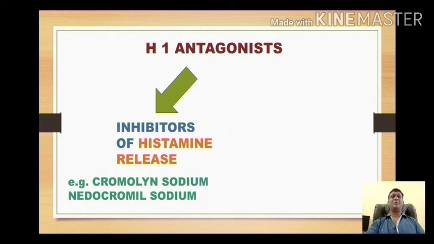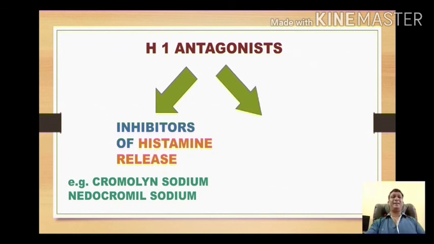Now we have some example from this category. We have the example like cromolyn sodium and second one nedocromil sodium. Both of these compounds are found to inhibit the release of histamine from its secretory granules.